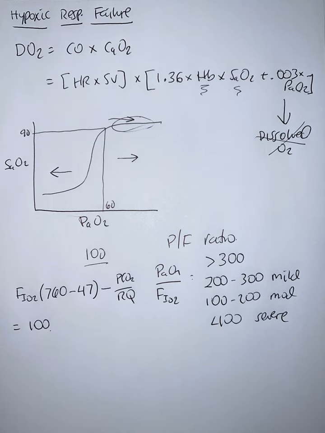What that means is the affinity of hemoglobin for oxygen changes. When you're acidotic, the affinity of hemoglobin for oxygen is less. So hemoglobin wants to give off oxygen much more easily. Okay, which means that you need a higher PaO2 in acidosis to get the same saturation. That makes sense.